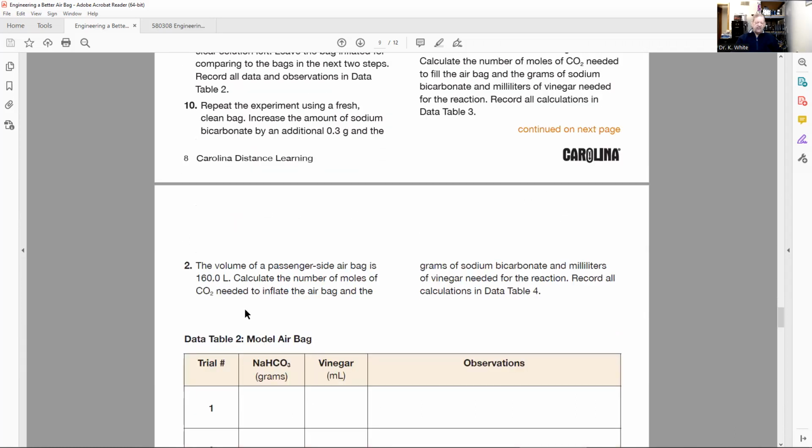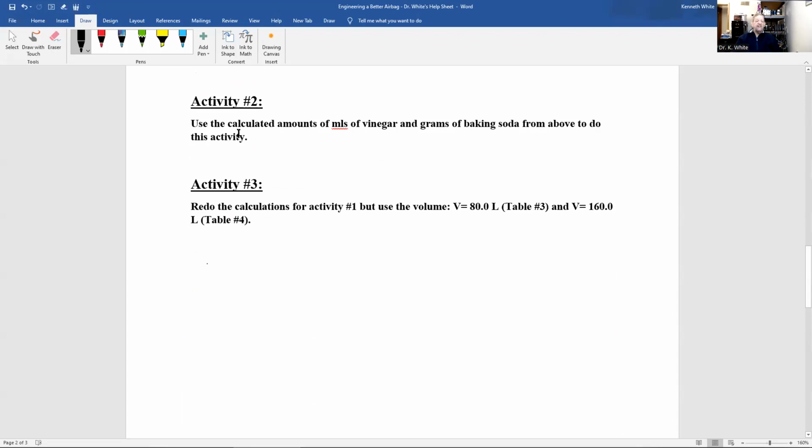And if we go to my help sheet, you'll see activity 3, redo the calculations for activity 1, but use the volume of 80.0 liters for table 3 and 160.0 liters for table 4.